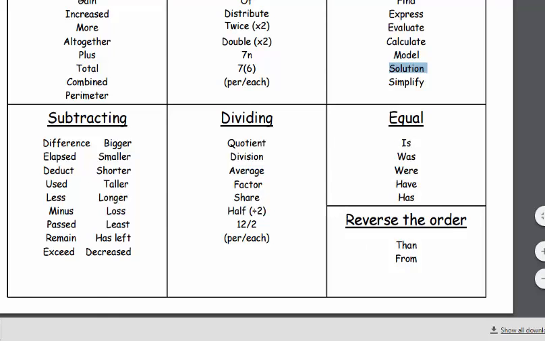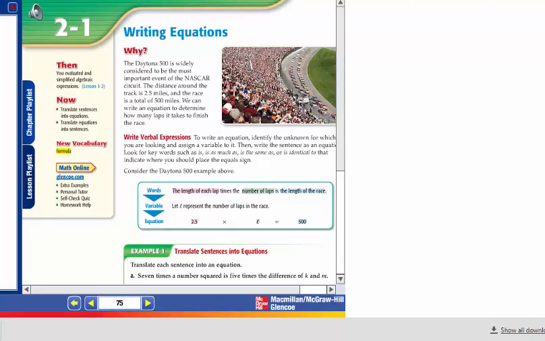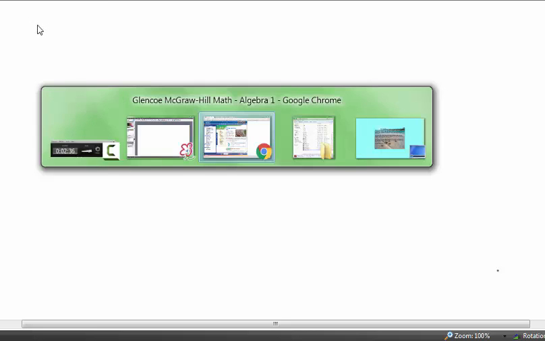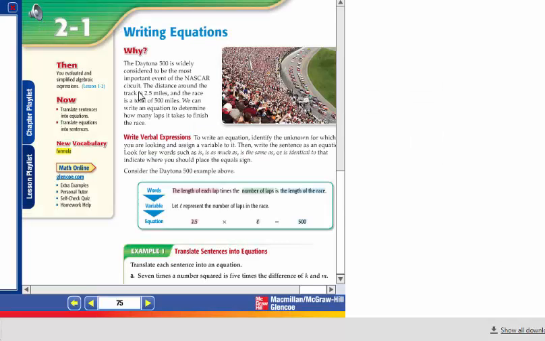All right, so let's start with the first example in the book, which is about the Daytona 500. Let's go back to the book. Each lap is 2.5 miles, and the total race is 500 miles.